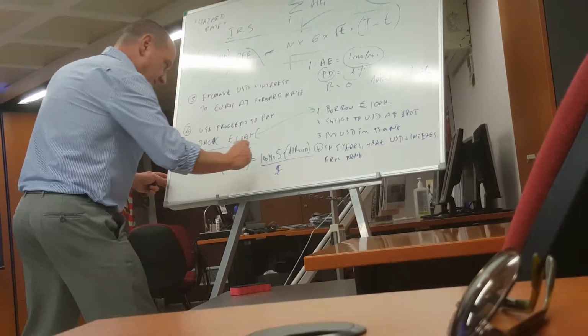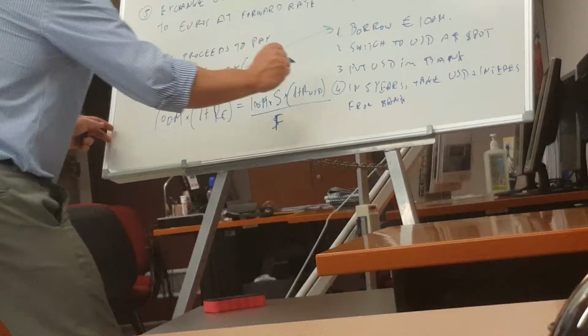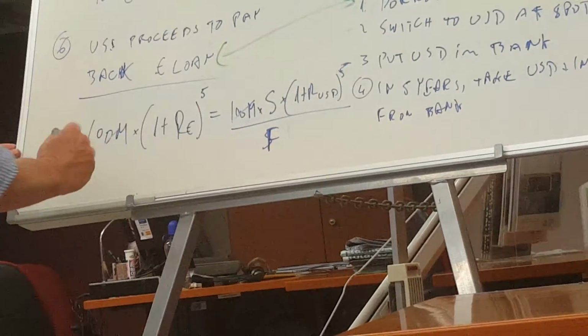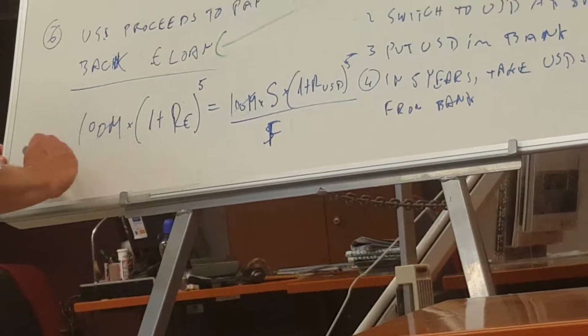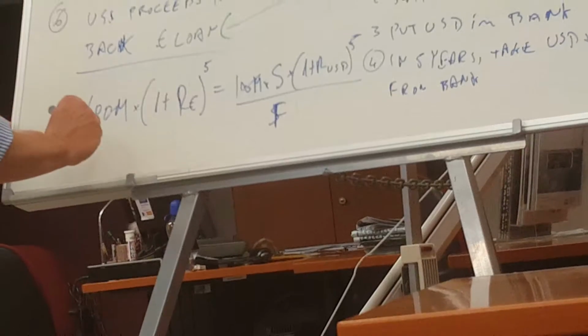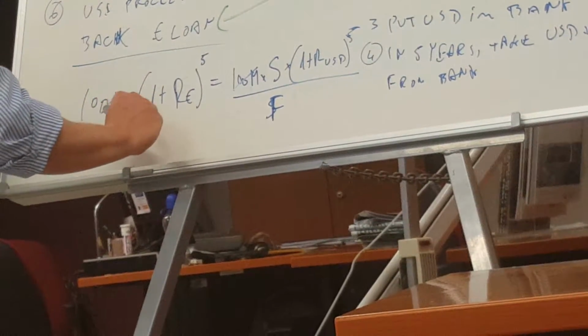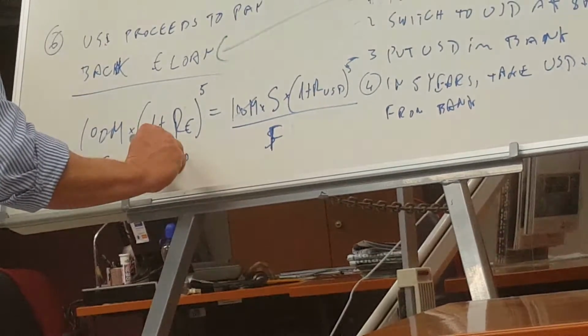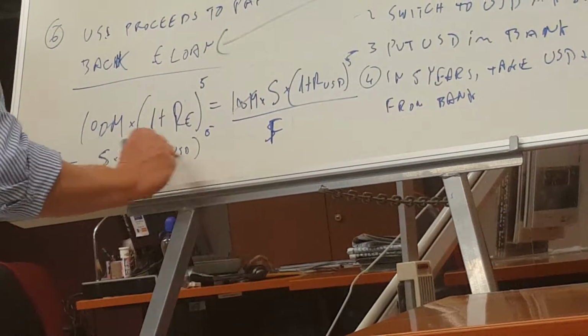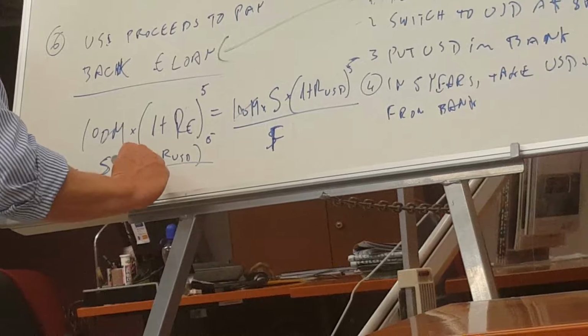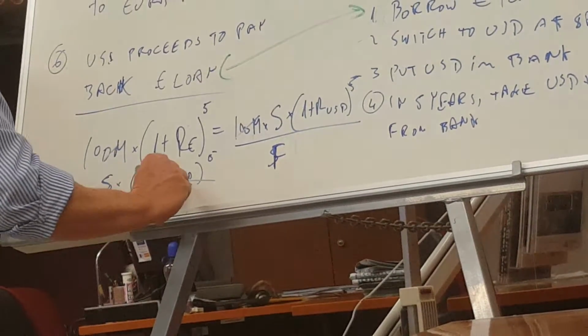This means that the forward rate is going to be the spot rate times 1 plus R USD to the 5th over 1 plus R Euro to the 5th.